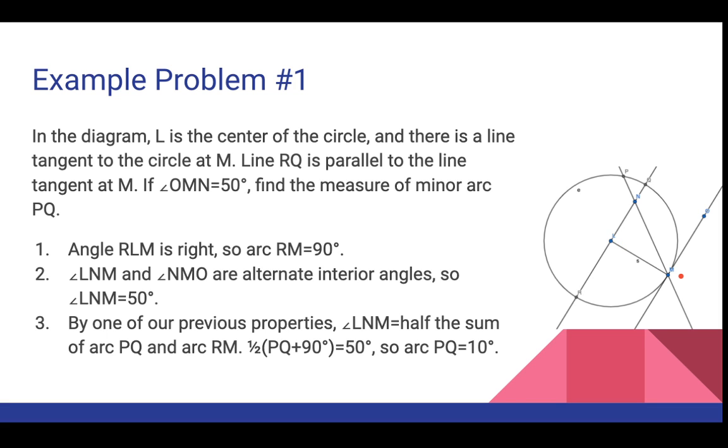And we're also given that line RQ is parallel to line MO. This means that angle MLR is right. Since we have that this angle is right, this angle must be right as well. Also notice that angle RLM is a central angle, so arc RM is 90 degrees as well.